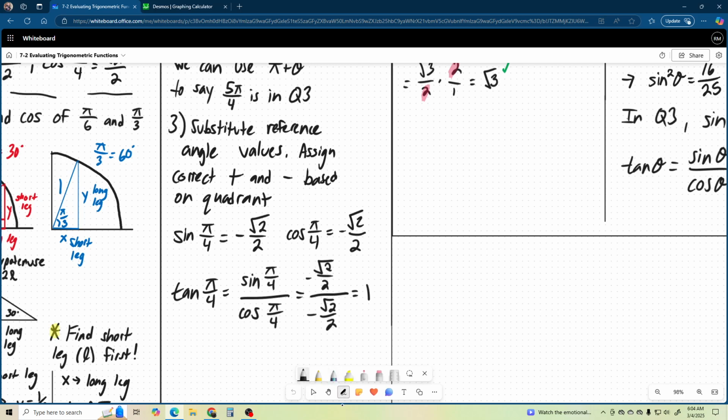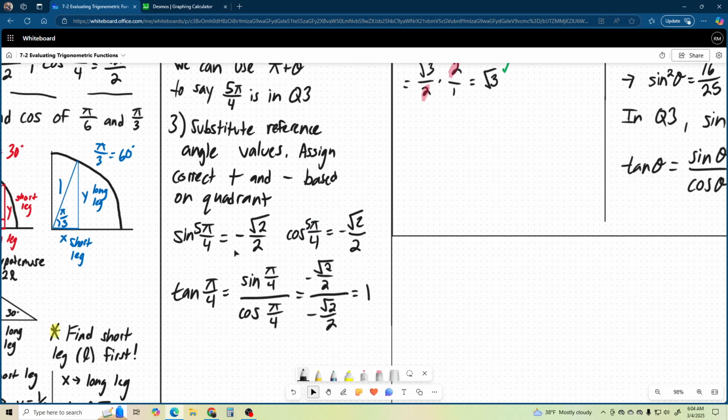So I'm going to add these 5s. Pi over 4 would just be, these would both just be positive because we'd be in the first quadrant. All right, so sine of 5 pi over 4 is going to be negative here, and the cosine of 5 pi over 4 is also going to be negative, right? Because our originals were positive, and in the third quadrant, we add negatives to them.